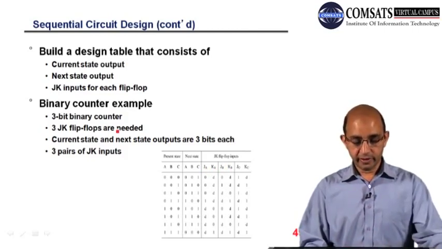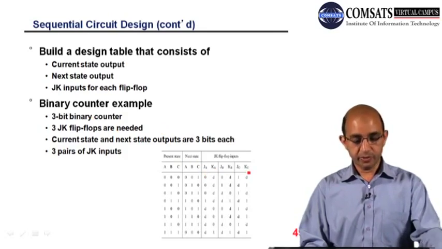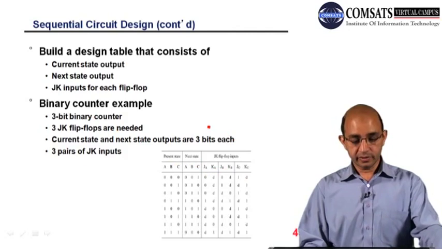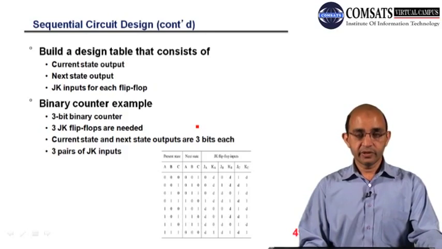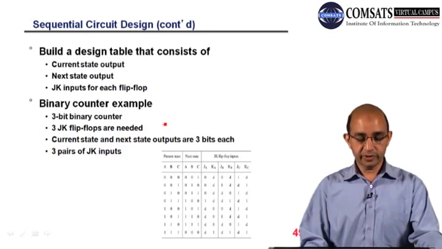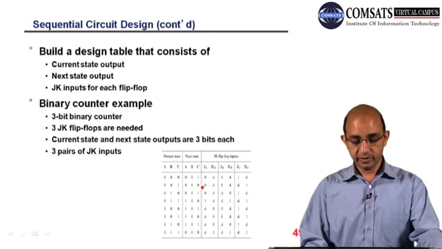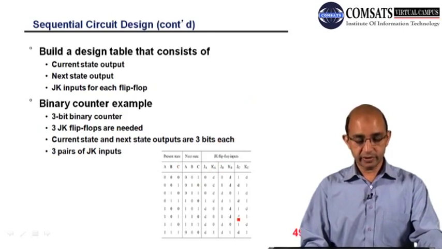So here then what we can do. For example, if you have to design a binary counter, because before we have designed a 3-bit binary counter by using T flip-flops. So here if we have to design a 3-bit binary counter by using JK flip-flops, you can say that we need 3 flip-flops, and the same is the case for this table.